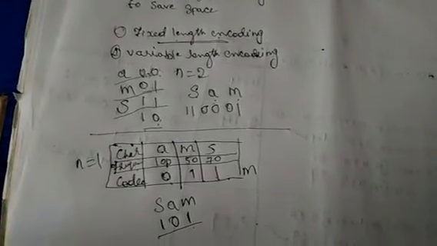Okay, this is your fixed length encoding. And here in this fixed length encoding, I have some disadvantages. What are the disadvantages of this fixed length encoding? Here the length of the code is fixed, so it is very easy to identify the code without the table.